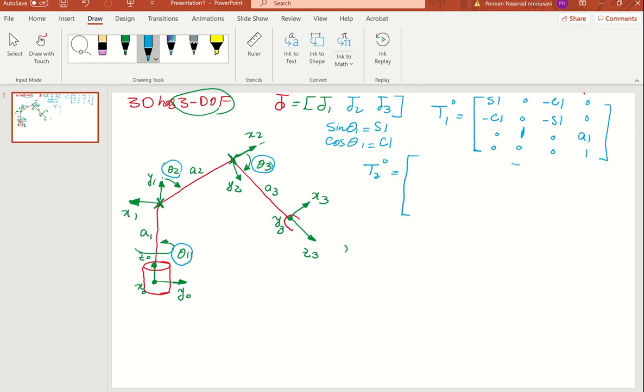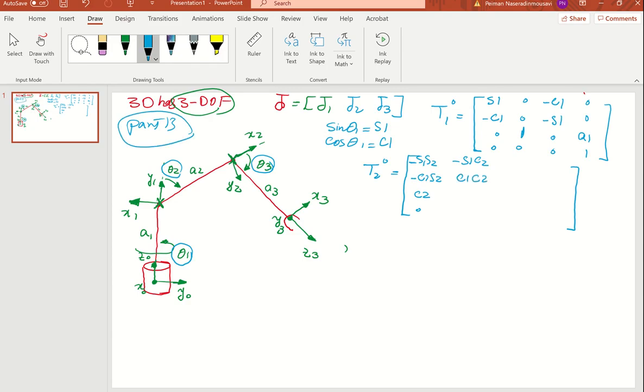Remember, let me make it a little larger. We have minus sine theta 1 sine theta 2, minus cosine theta 1, sine theta 2 cosine theta 2, 0. I derived this in part 13 of the YouTube, so go and double check how I derived it step by step.